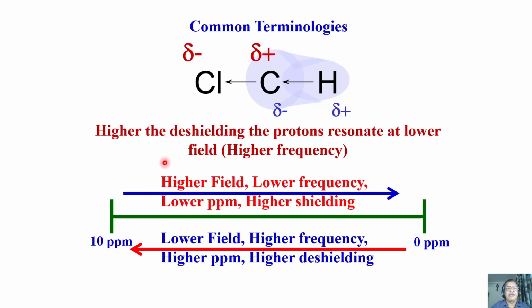These are the common terminologies we use. Don't forget this. When you read the NMR spectrum going from left to right, these are the terms we always use: higher field, lower frequency, lower ppm, and higher shielding. Going from right to left is lower field, higher frequency, higher ppm, and higher de-shielding.